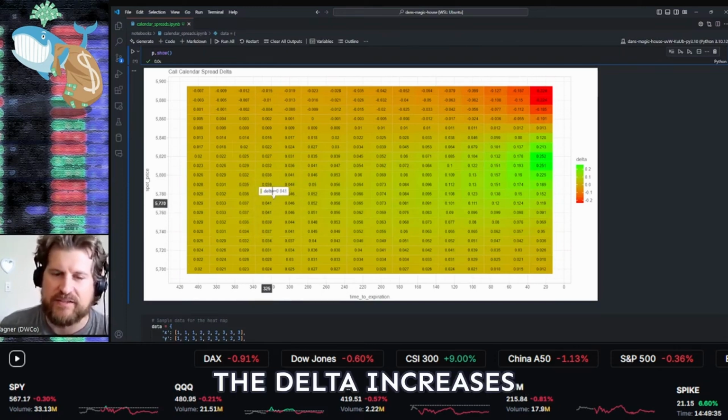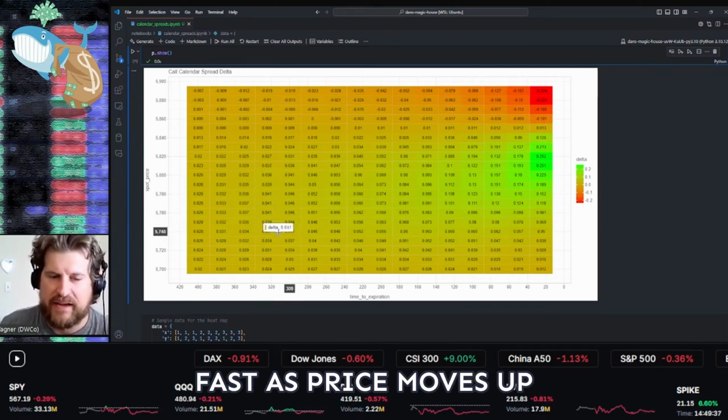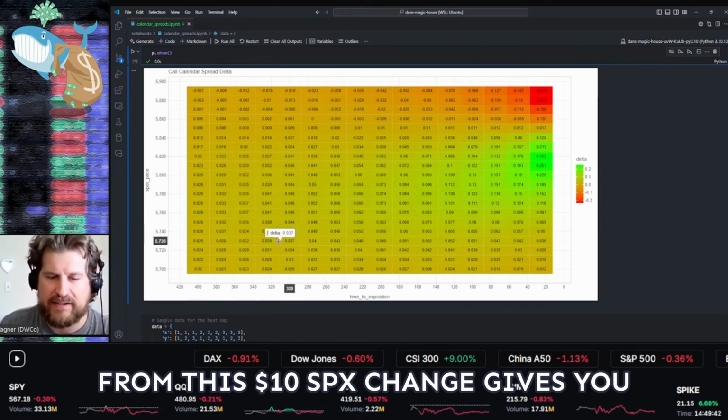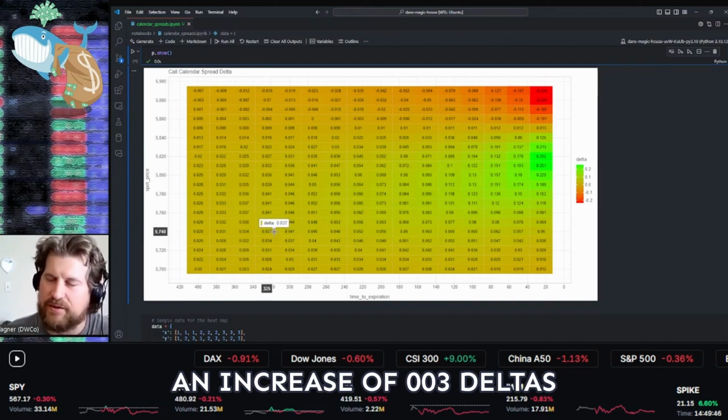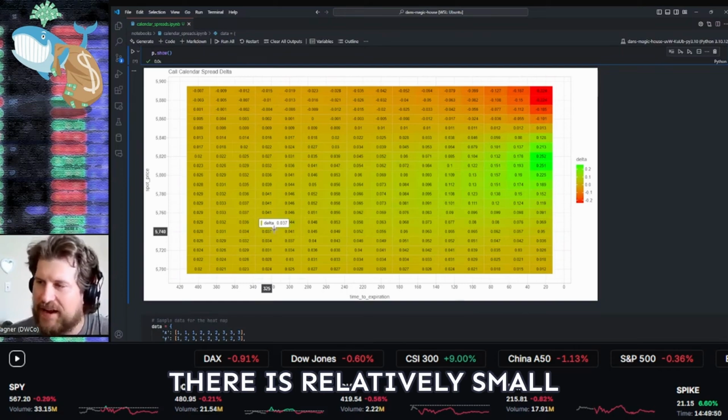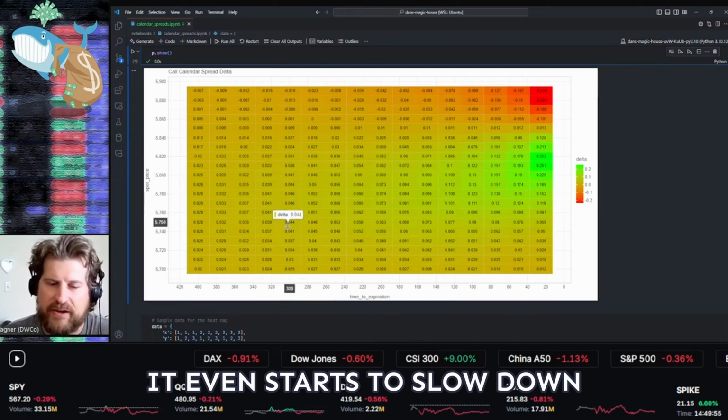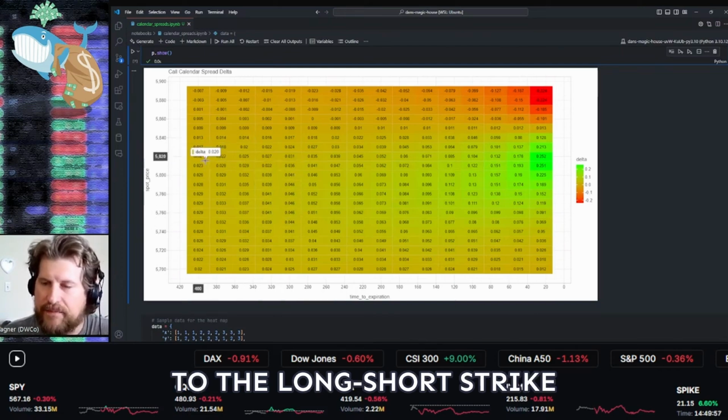The delta increases, they're not really that fast as price moves up, right? From this $10 SPX change gives you an increase of 0.03 deltas, which means the gamma there is relatively small. And it even starts to slow down here as you get closer to the long short strike.